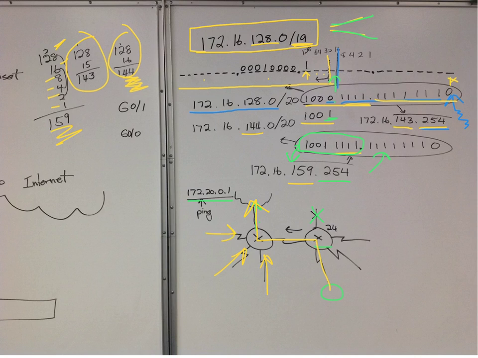And if we would have shut this one off and turned this one back on, then everything would have gone out this router. So we have redundancy. We have two different ways. To do that, we used a floating route. You know, we have a route with a higher administrative distance than RIP. RIP administrative distance is 120. And so I believe the students put these in. So I believe it was 150.